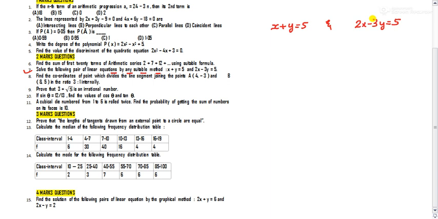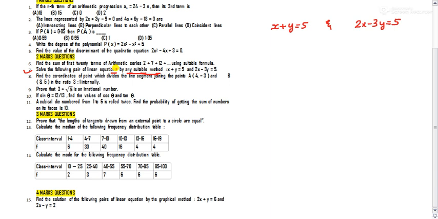If they mention you have to use elimination, then you have to use elimination only. Or if they mention any suitable method, then out of those two, elimination and substitution, you can use any one. Got it?